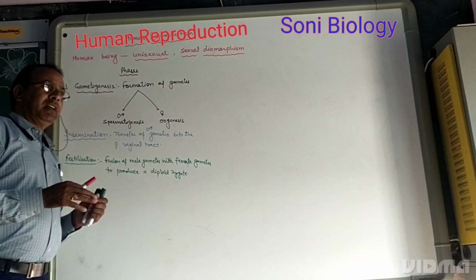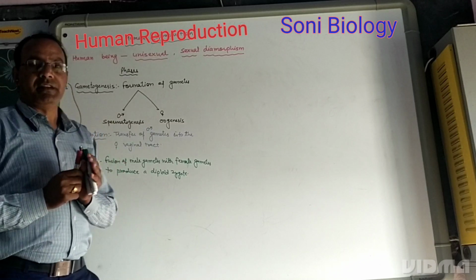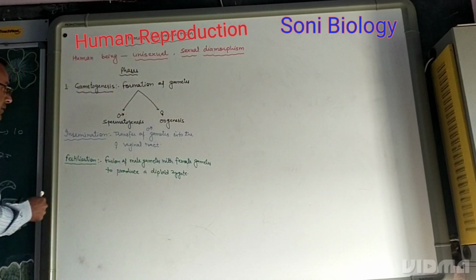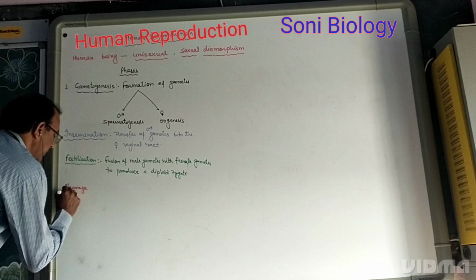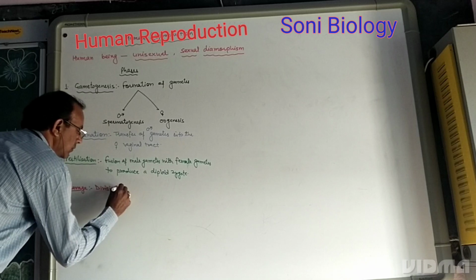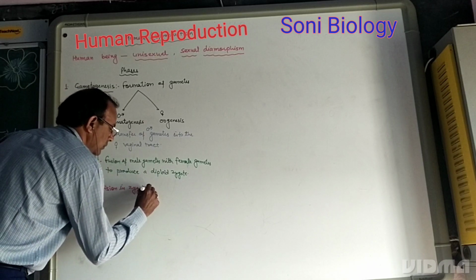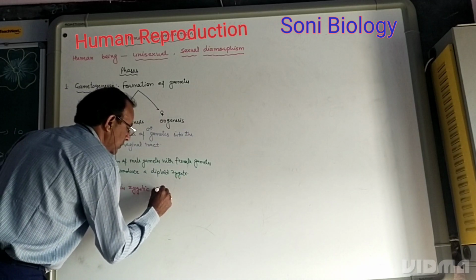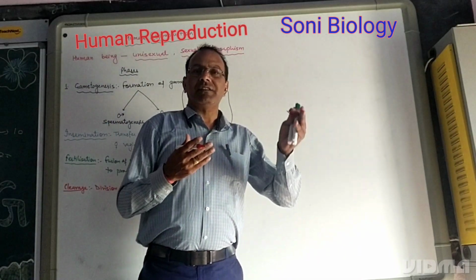After fertilization, division of the cell can be seen. It means division in the zygote can be seen. That stage is known as cleavage. The next phase is cleavage: division in the zygotic cell. 1 to 2, 2 to 4, 4 to 8, 8 to 16, 16 to 32.